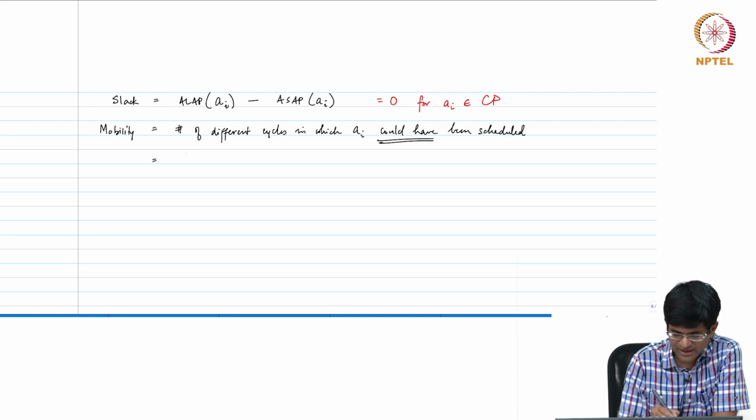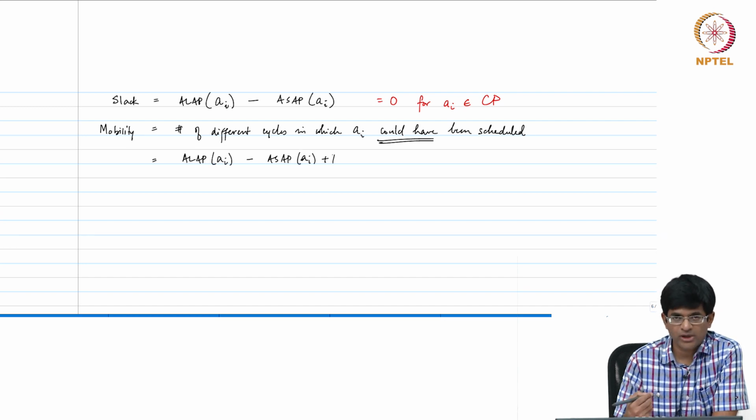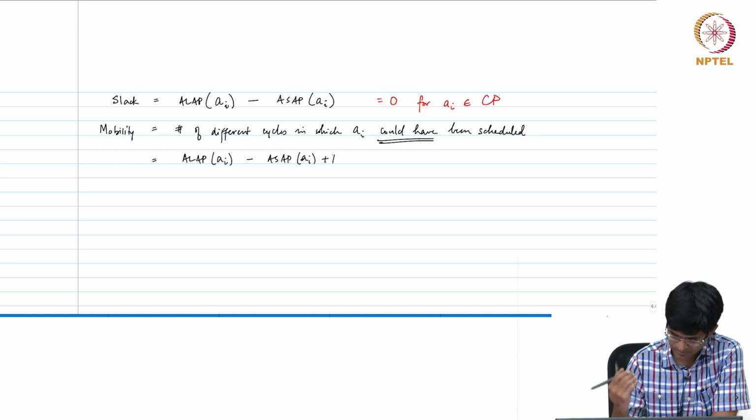In this case, basically that comes out to be the ALAP of AI minus ASAP of AI plus 1, in other words slack plus 1, right? So any operation that is on the critical path has a mobility of 1, it cannot move anywhere else beyond that, and the other operations would correspondingly have higher mobilities. This is not a strict definition of mobility, it is more something functional that we will just use for the purpose of defining something in the next step, okay?